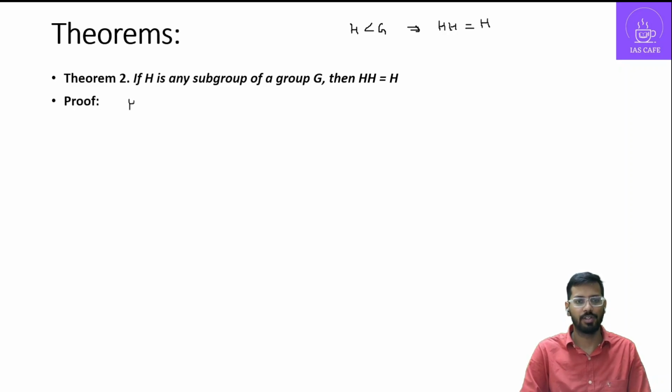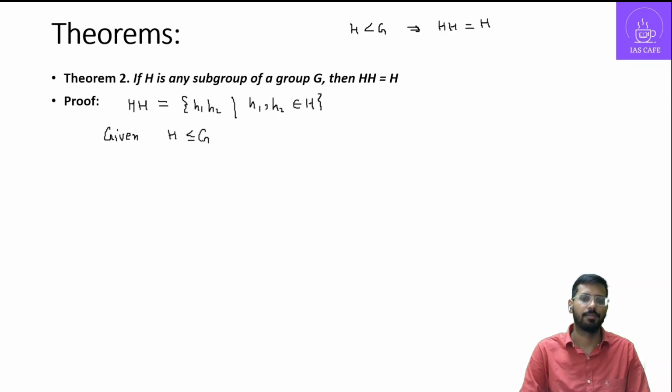First we will define what HH is. HH is the set of small h1 small h2, such that h1 and h2 belong to capital H. Given that H is a subgroup of G, this H will satisfy all four basic properties of a group.